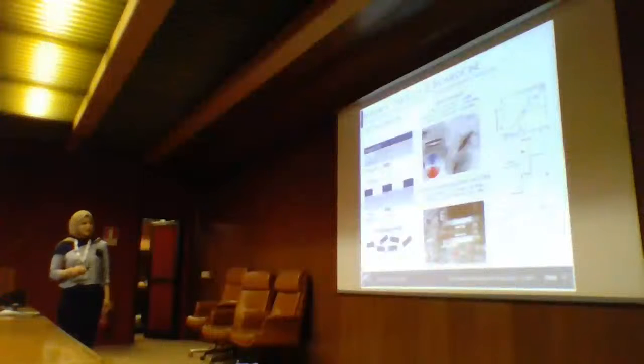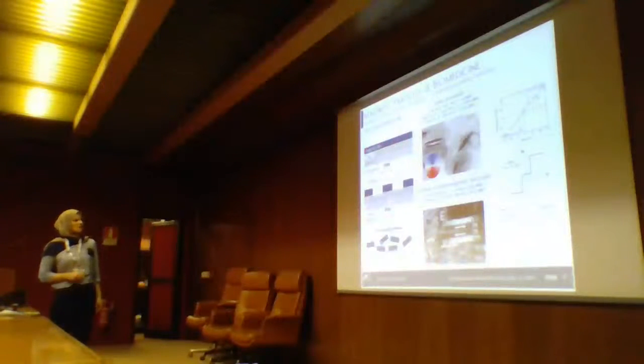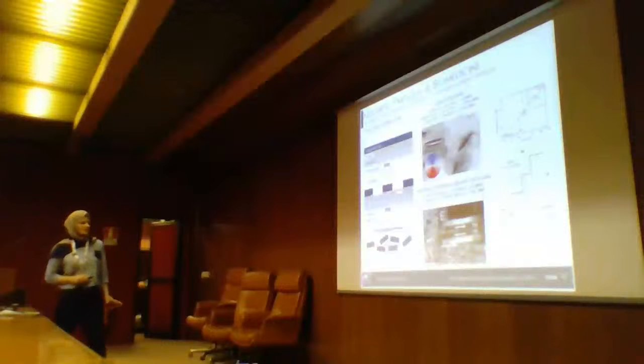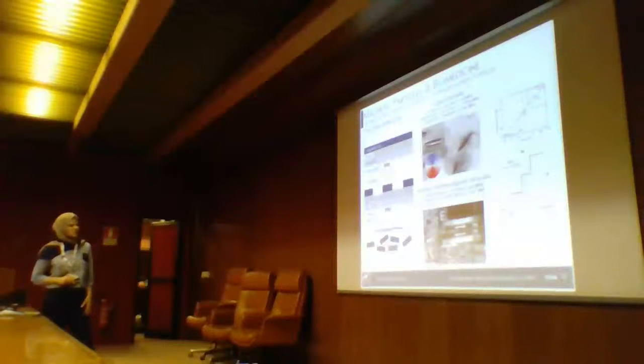On the other hand, top-down approaches, which are based on combining lithography processes and etching processes, where first a sacrificial resist layer is deposited on a substrate, and then the magnetic film is deposited on the sacrificial layer.